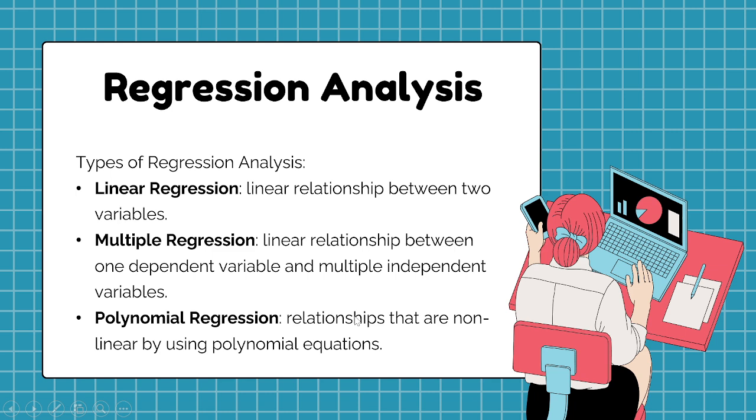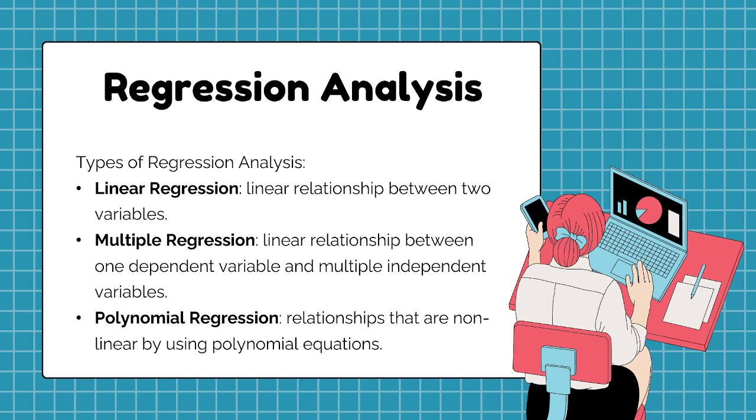Right, so there are several types of regression analysis. Linear means a linear relationship between two variables. If we have more than two variables, then it is called multiple regression. In multiple regression, we have only one dependent variable but multiple independent variables.